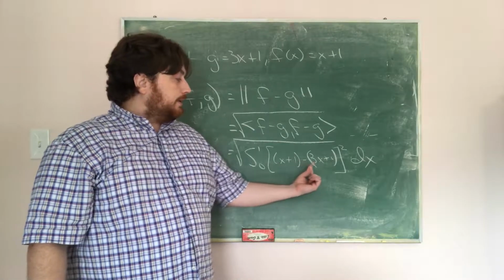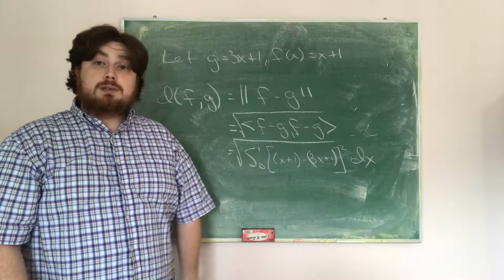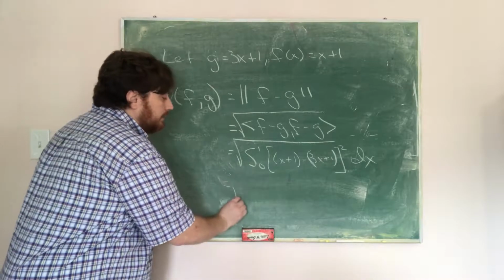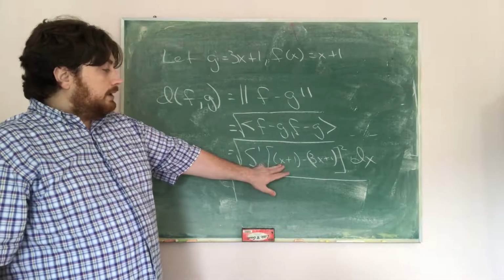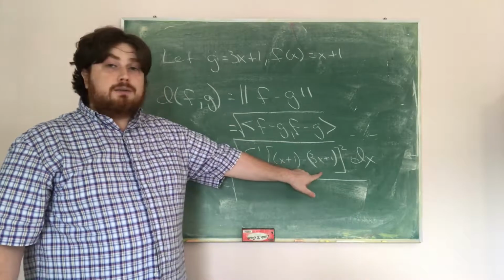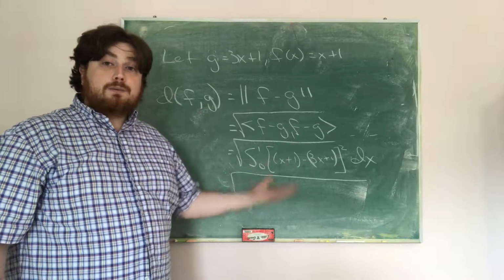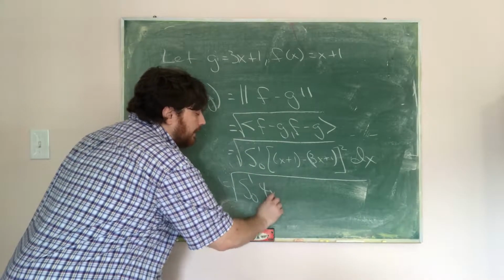It's just x plus 1 minus 3x plus 1 times itself, so I square it, and then I integrate from 0 to 1. Now, in order to integrate this, it is going to be easier just to simplify this. So notice that x plus 1 minus 3x plus 1 is going to be negative 2x. Negative 2x squared is just 4x squared. So this would be the integral from 0 to 1 of 4x squared.